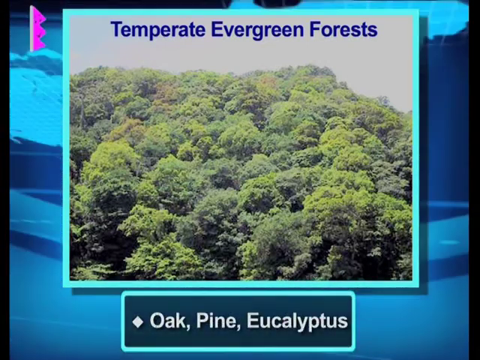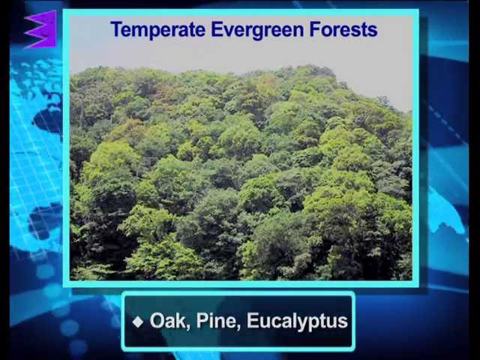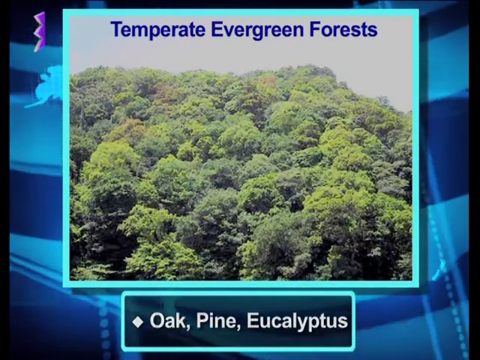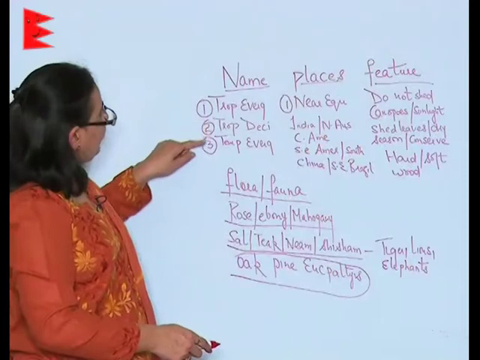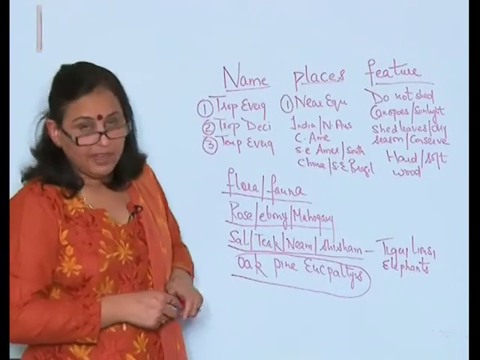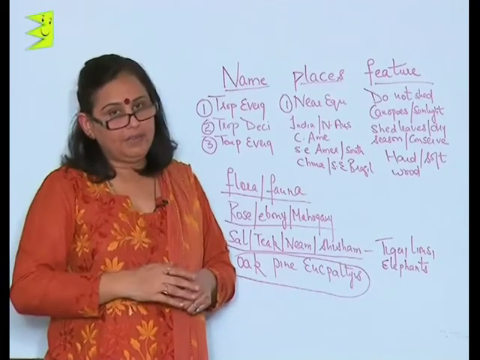The flora and fauna of this kind of forest is that the trees found here are oak, pine and eucalyptus. So, these were the 3 categories of the further categorization of the forests that we have.